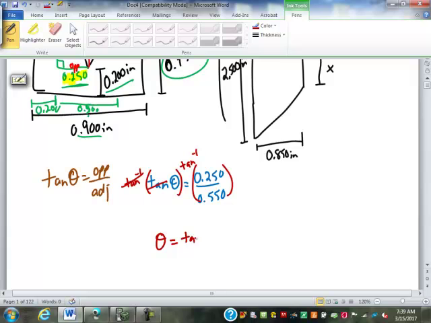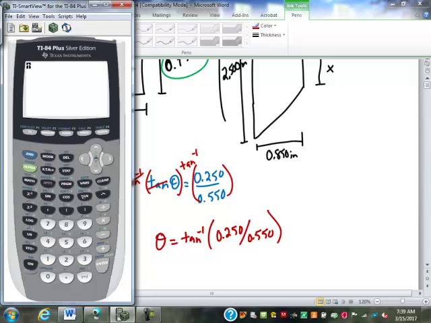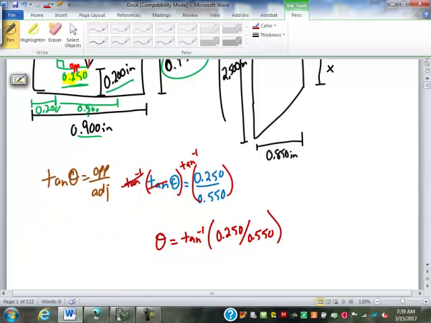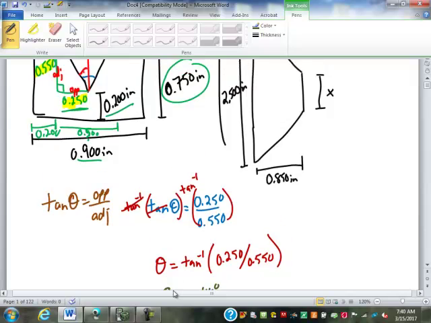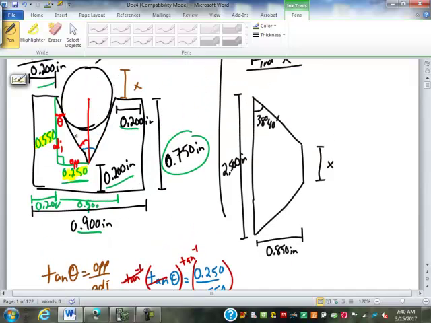On the other side, we have the inverse tangent of the 0.250 divided by 0.550, which is 24.44 degrees. So back up to the problem, that 24.44 is this angle here.